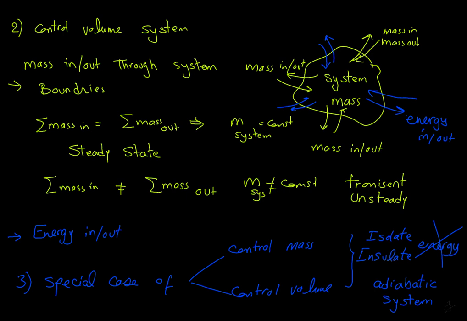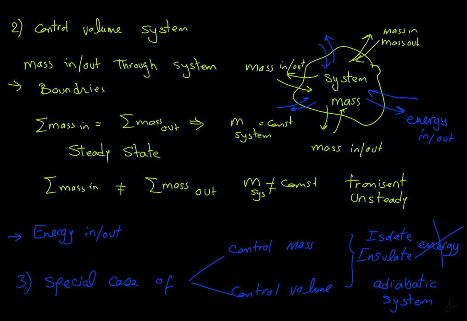I hope that clearly explained the definition of an engineering system and the different types of engineering system that we use in analysis. A control mass system has a fixed mass inside, and energy is allowed to go through the boundaries. In a control volume system, the mass inside the system is conditioned by the steady or unsteady condition, which means the mass may or may not be constant, but energy is still allowed to go.